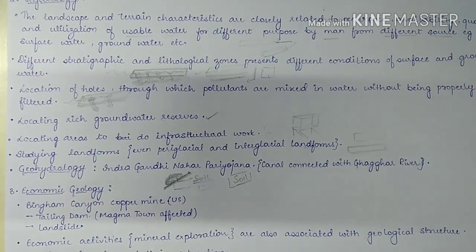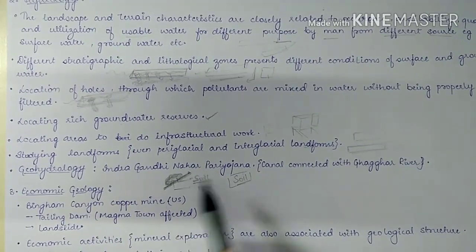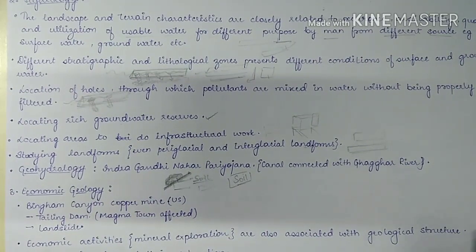Now, at last, the third area where we can see the major impact of applied geomorphology is economic geology. Human activities like mining, construction work and other activities are closely associated with geological structure.